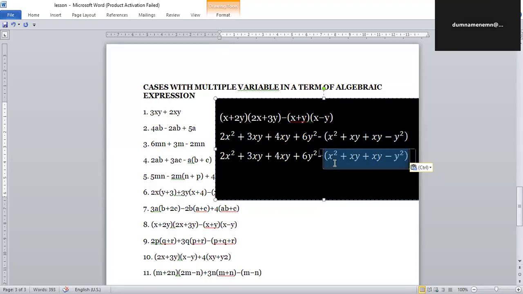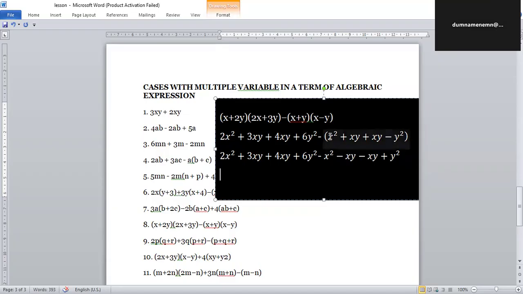Positive. So here is going to be negative. Here is going to be negative. Here is going to be what? Positive. All right, let me repeat that again.